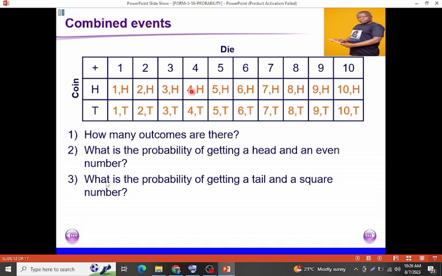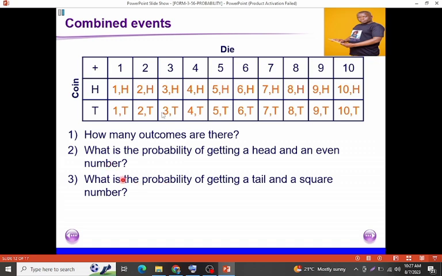What is the probability of getting a tail and a square number? A tail. So you go down here. Square numbers are numbers such as 1, 4, and 9. So there are 3 numbers here, because when you square 1, you get the same one. This 4 is 2 squared. This number here is 3 squared.